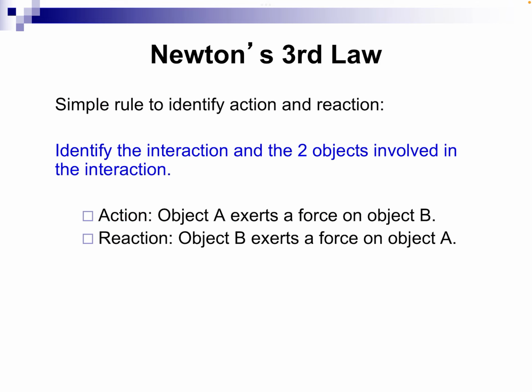First, identify the two objects that are interacting. There will always be two objects involved in the interaction. The action is where object A exerts a force on object B. The reaction is object B exerting a force on object A.